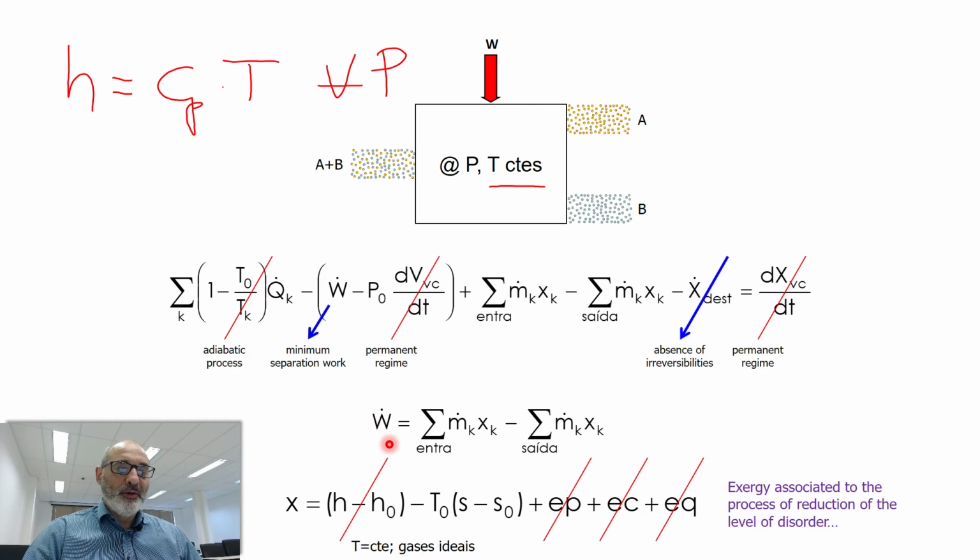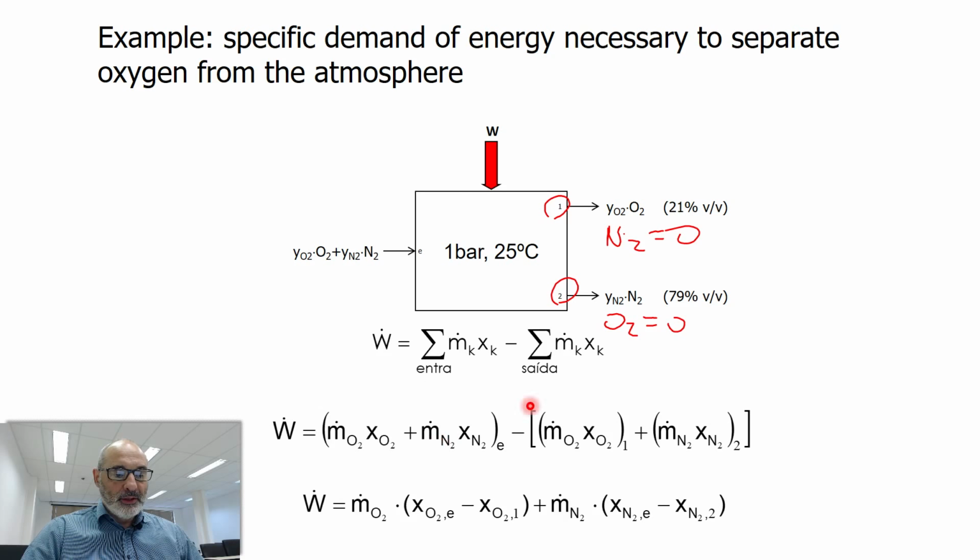So anyway, I'm going back one slide here. We got this formula, which enables us to calculate the minimum separation work, okay? So now we're going to apply this formula. Entering the control volume, we have two mass flow rates, okay? One mass flow rate of O2 and another mass flow rate of N2.